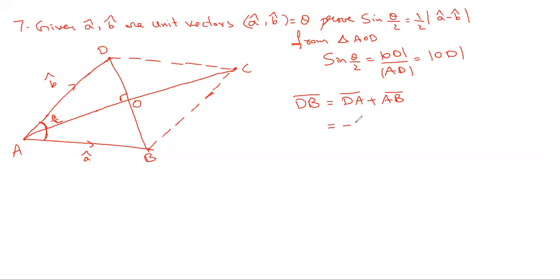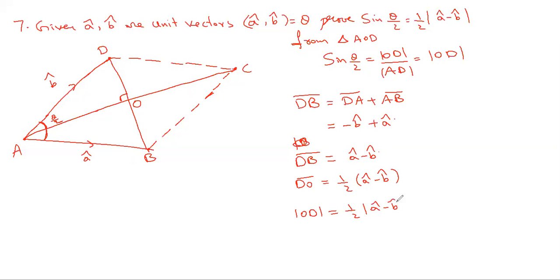DA is basically minus B cap, AB is A cap. So DB bar equal to A cap minus B cap. If you want DO, it's half of it, half of A cap minus B cap, because the diagonals bisect each other. So the magnitude of DO or OD, both the same, equal to half the modulus of A cap minus B cap. That's what they're asking. So mod OD is nothing but sine theta by 2. The sine theta by 2 is half mod A cap minus B cap. Make a note of it.